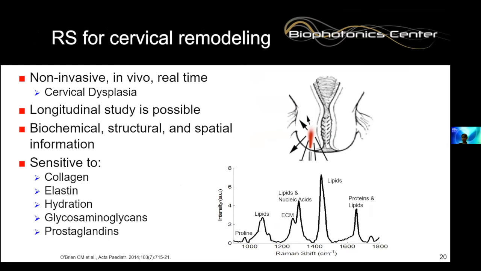Therefore, it makes sense to use Raman over other techniques to really follow pregnancy and see if you can identify changes in the trajectory of change that occurs over the course of pregnancy that might be indicative of the cervix trying to give birth too quickly. The kinds of changes we need to be sensitive to are collagen, elastin, hydration, glucosamine, glycosaminoglycans, and prostaglandins.